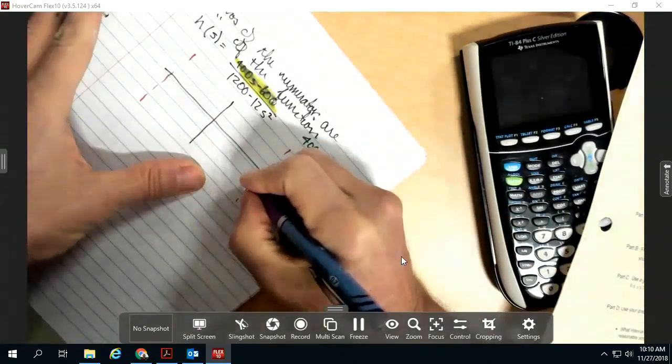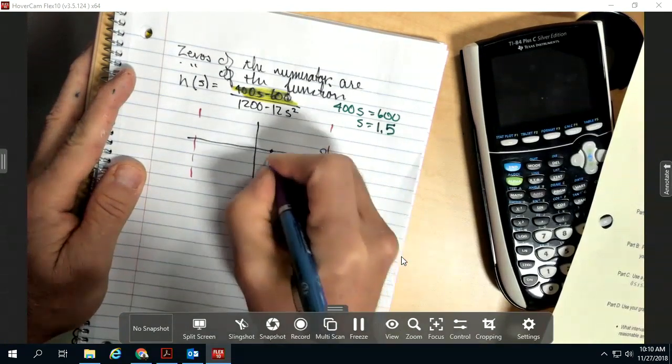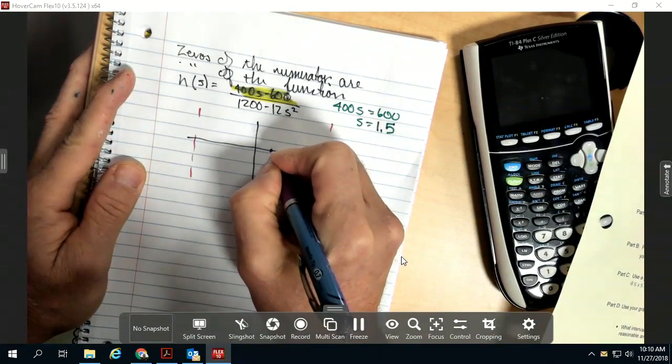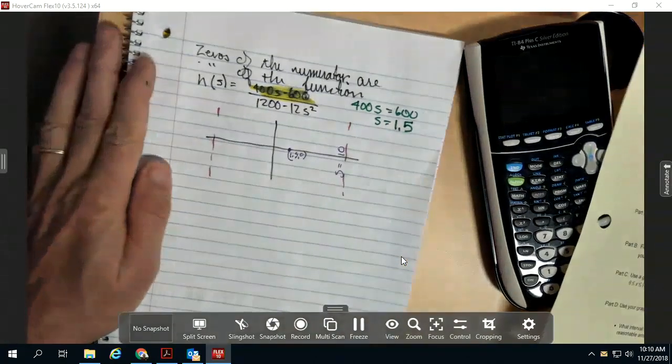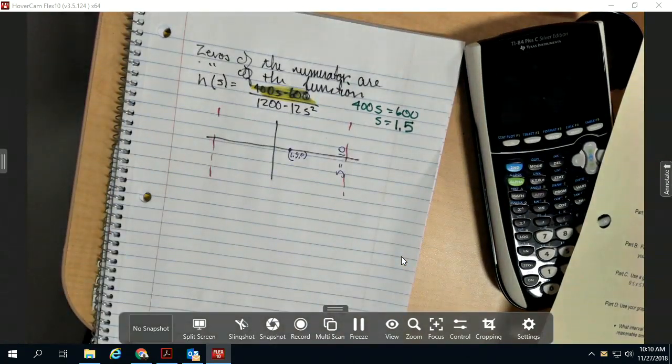I better write s equals 10. 1.5 comma 0. What does that mean? Well, it means if you have a screen size of 1.5 inches, your battery will not exist.